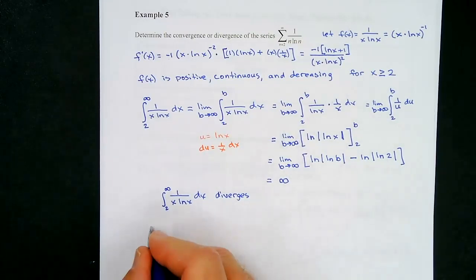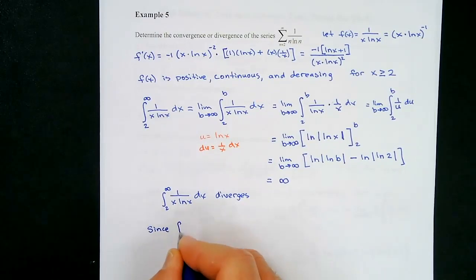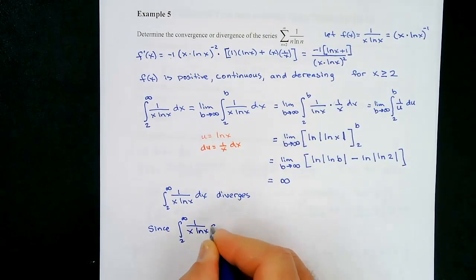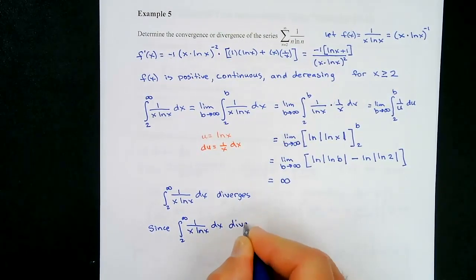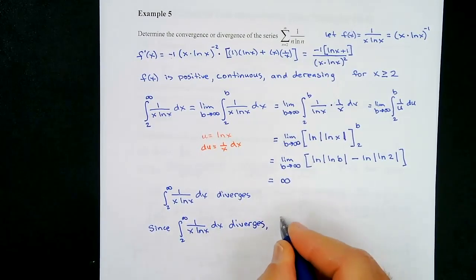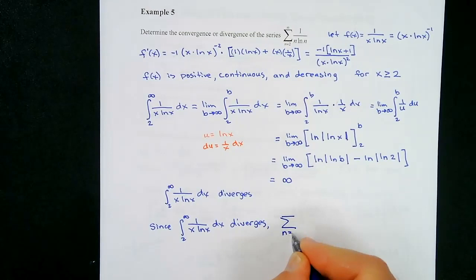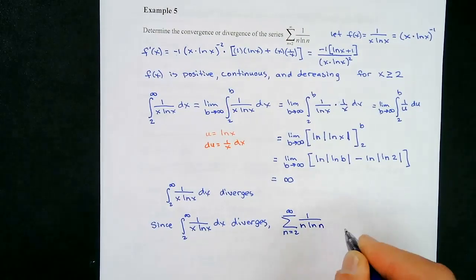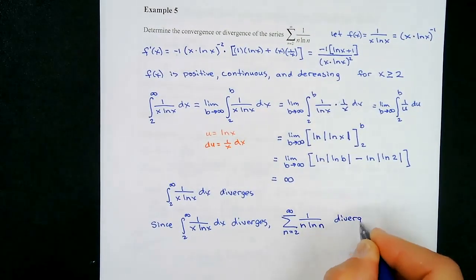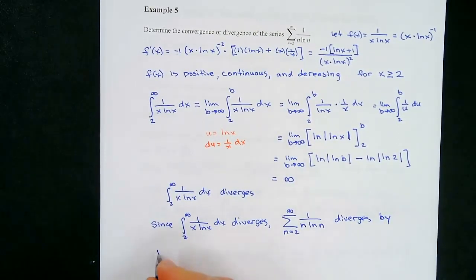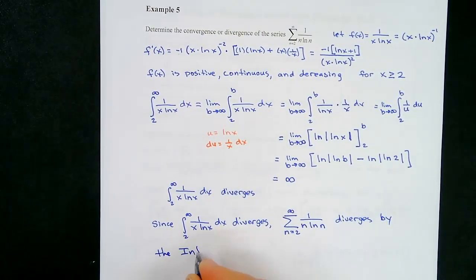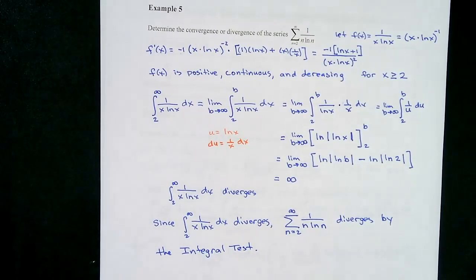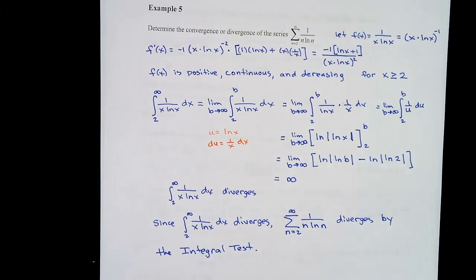So we would write: since the integral from 2 to infinity of 1 over x ln of x dx diverges, the series sigma n equals 2 to infinity of 1 over n ln of n also diverges by the integral test. And that's how you show that this series diverges using the integral test.